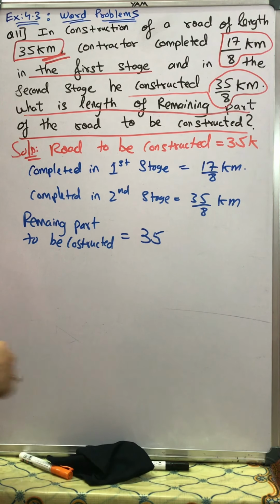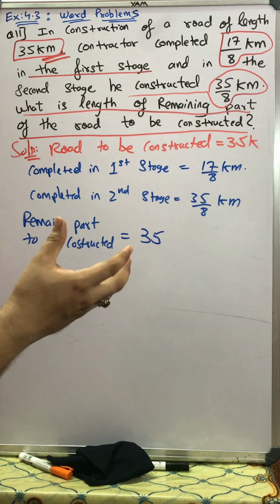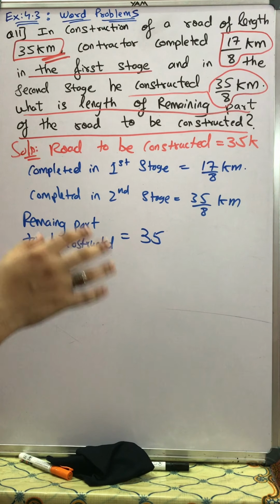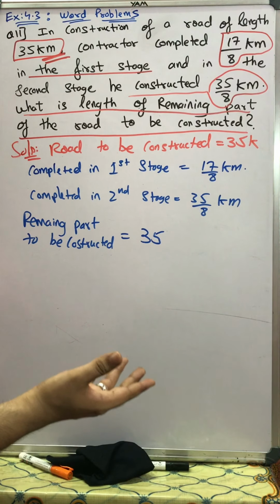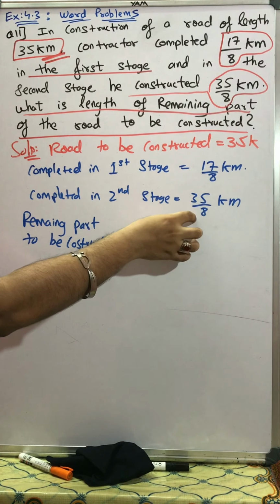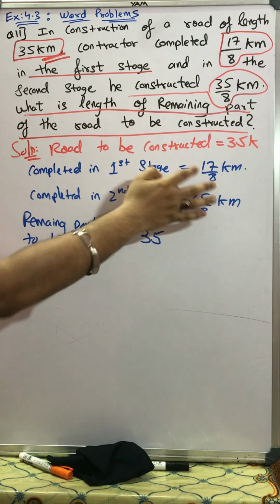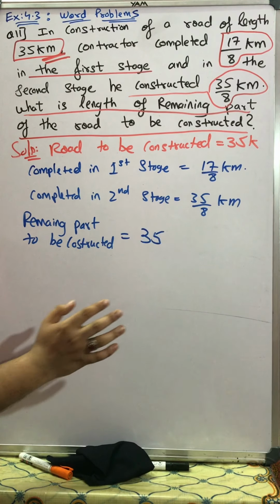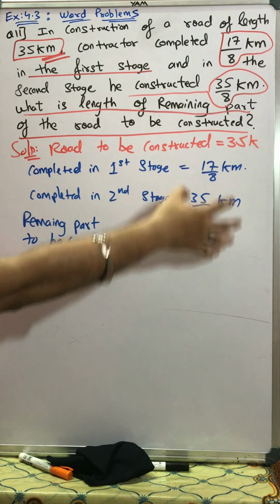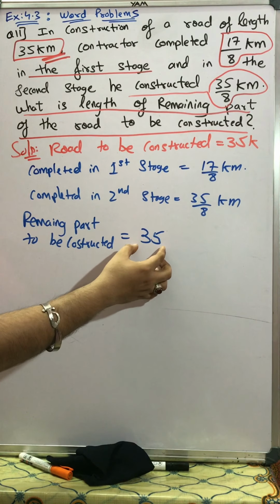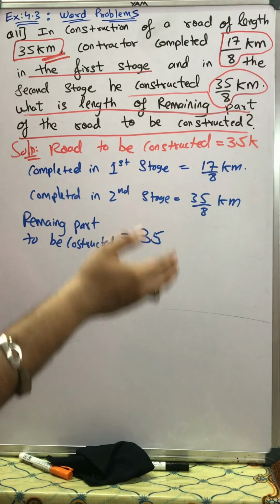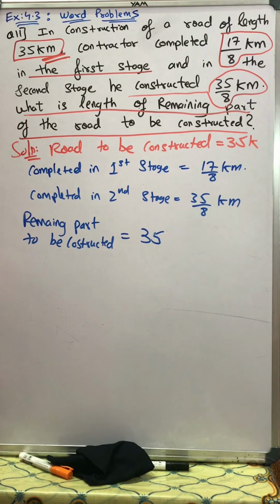Can I say, students, if we need to find the amount of road yet to be completed, or the amount of road not constructed by the constructor, I just have to add these two values? Because in the first stage he completed this, in the second stage he completed this. I will add both values and subtract the answer from 35, and whatever I get, the remaining part, is the road yet needed to be completed.